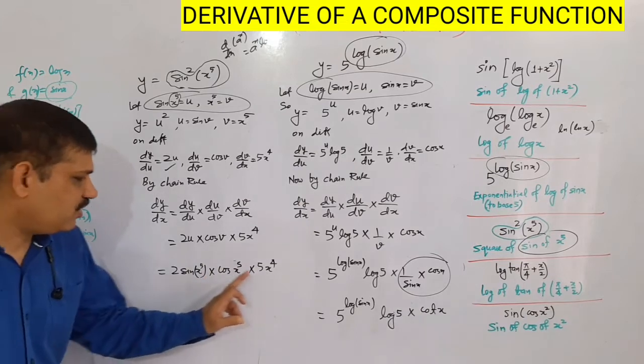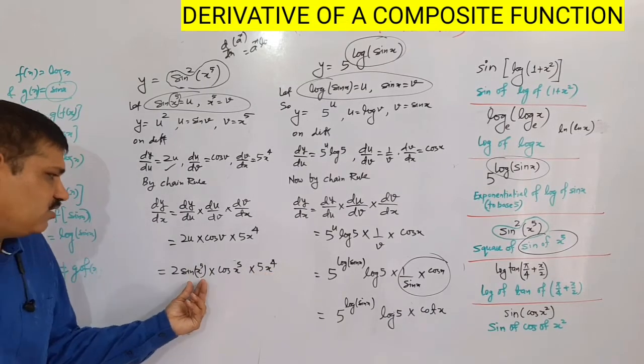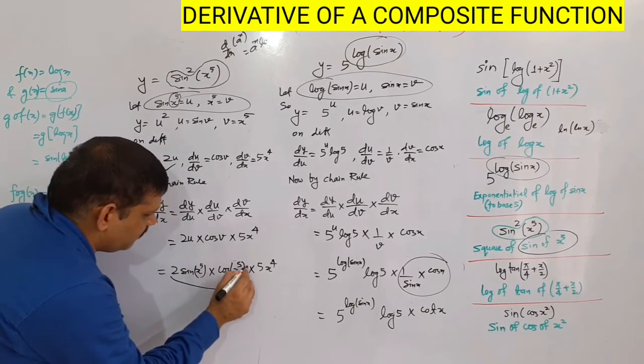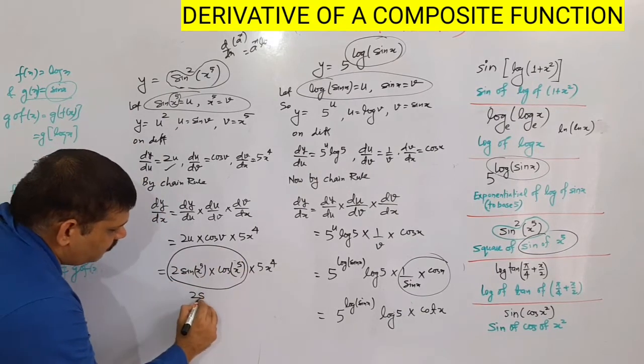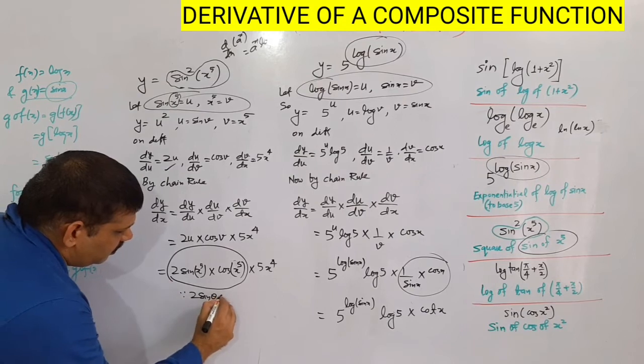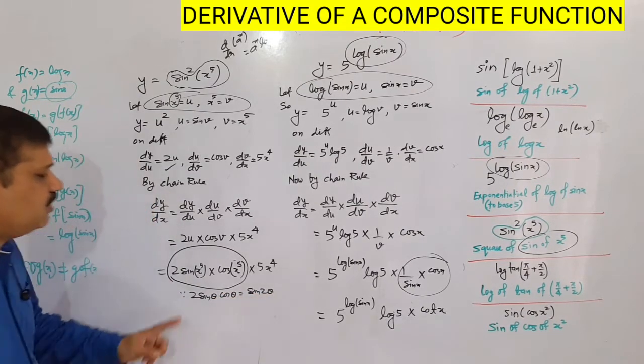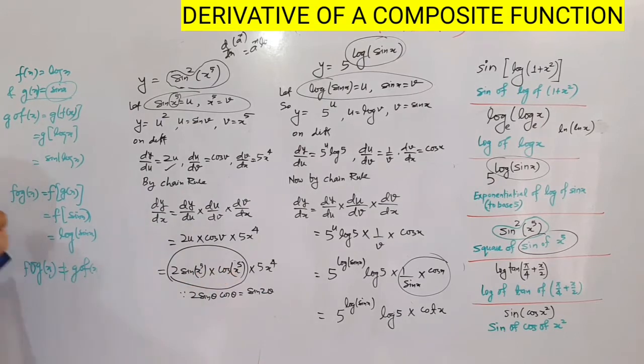This can be written as 10x raised to 4 into sine of x raised to 5 into cos of x raised to 5, but it is better to use 2 sine theta cos theta, which can be written as sine of 2 theta, and here theta is x raised to 5.